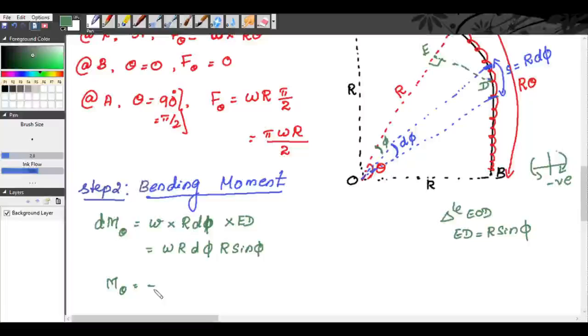So it is minus, because clockwise is negative. There you will have hogging moment, so it is negative. So minus integration of 0 to theta wR dφ into R sin φ.